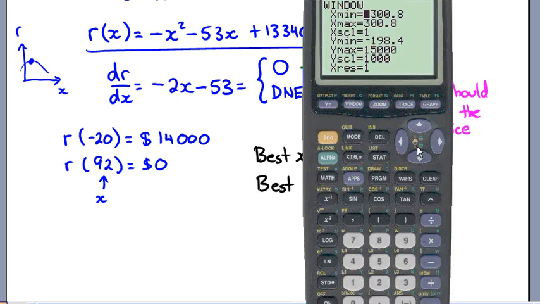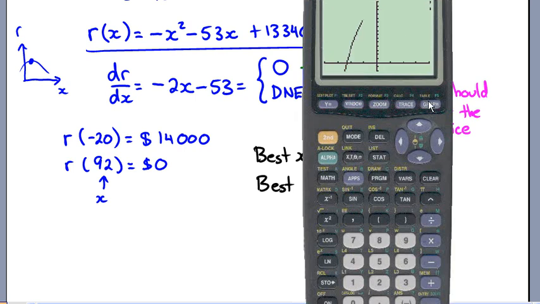Let's just go from minus 200 up to 200. Tick marks every $50. I'm going to go a little deeper on my y's, maybe down to minus 2,000. Okay, there's my parabola.